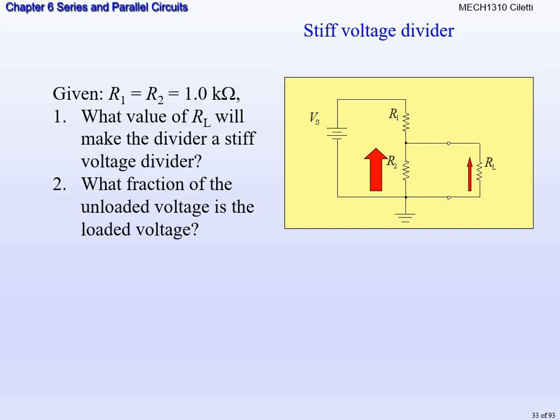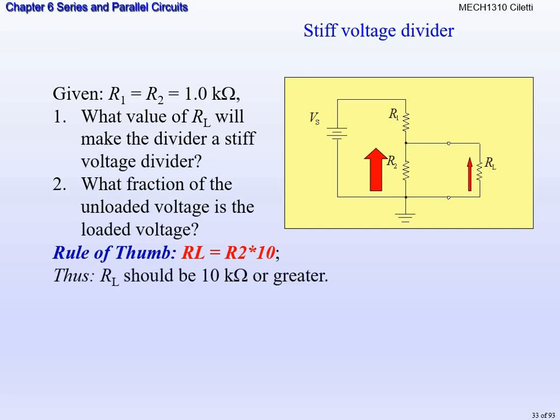Okay, so in this problem we're just going to calculate what value of RL will make this divider a stiff voltage divider. Alright, rule of thumb for us, RL is going to be 10 times whatever value of R2 is. If we can go 10 times the value of R2, we've got a stiff voltage divider, and we will not impact any voltage reading there. So in this particular scenario, we're saying R1 equals R2, both are 1000 ohm resistors or 1K resistors.